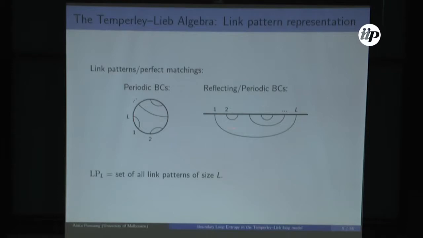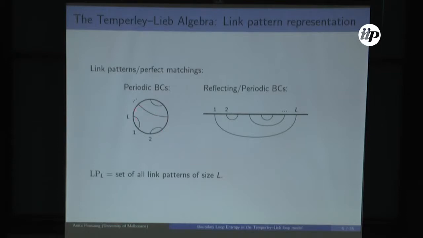In the reflecting case, you can just use this picture. In the periodic case, we can also represent it that way, but understand that site 1 is to the right of site L. In that case, we can also represent it as a link pattern, a chord diagram on a circle, in which case L is explicitly to the right of 1.